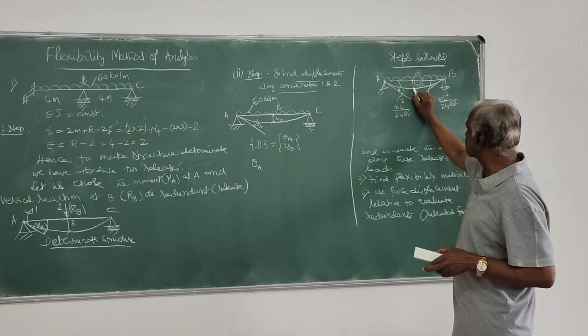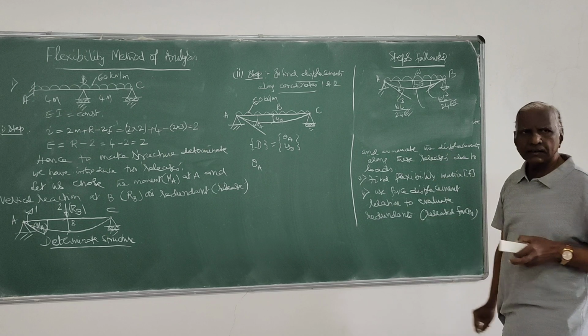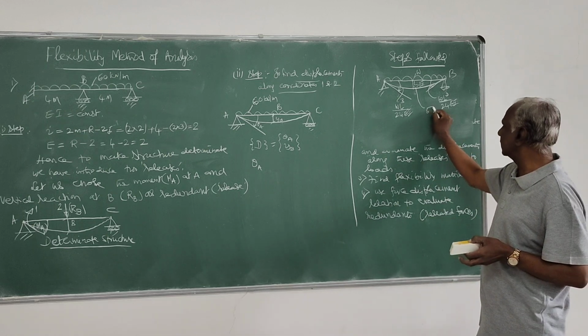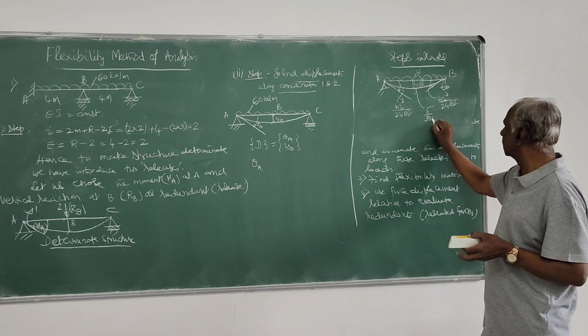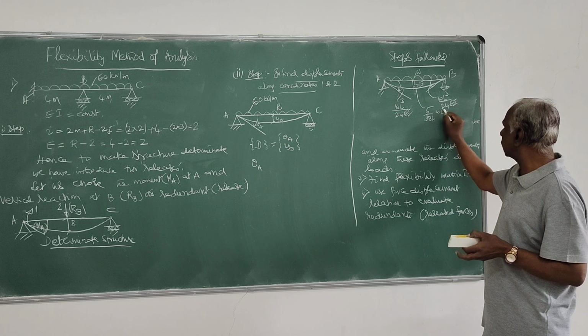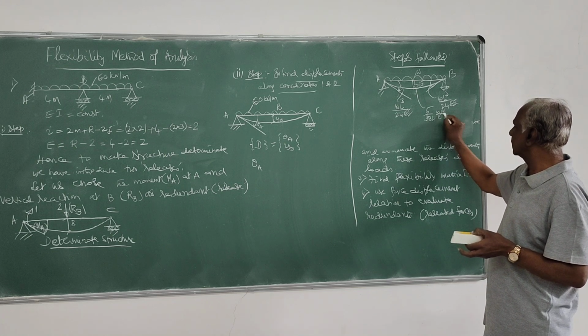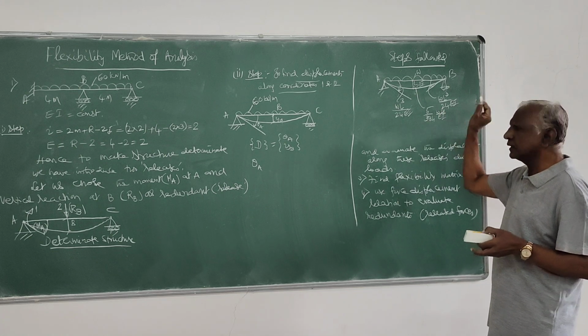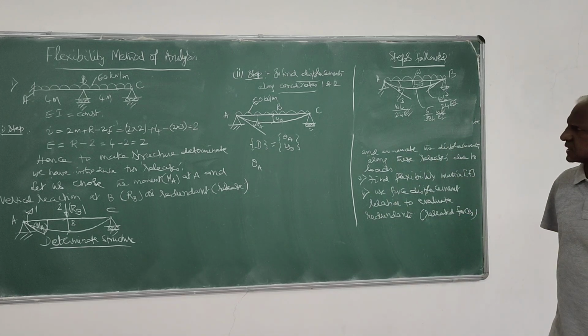And the central displacement is given by 5 by 384 WL4 by EI.